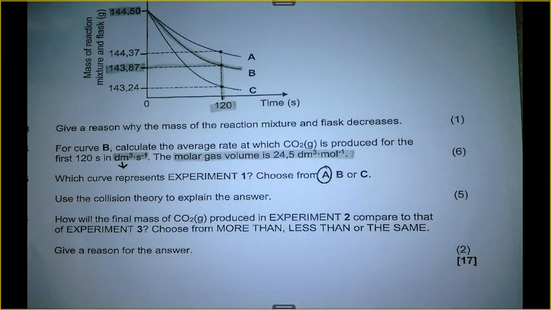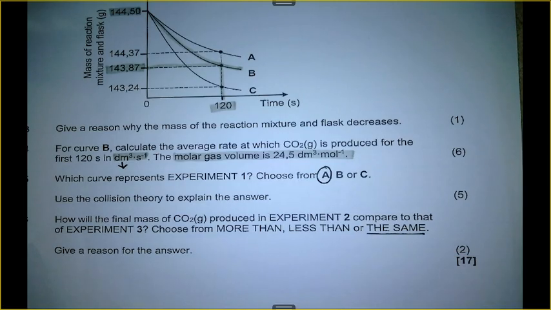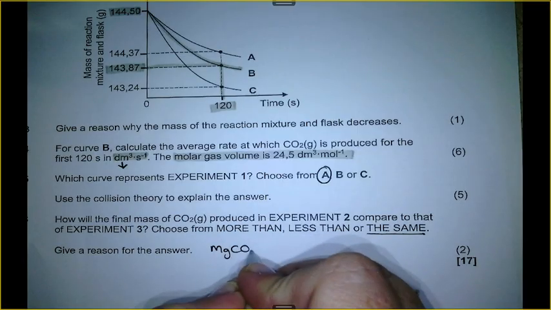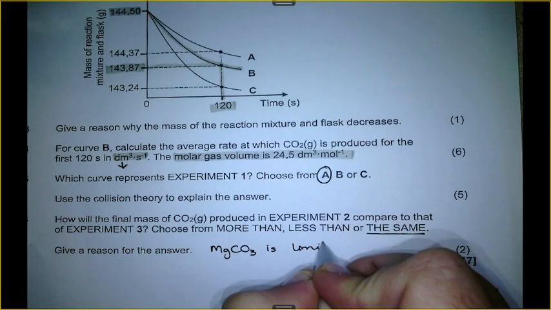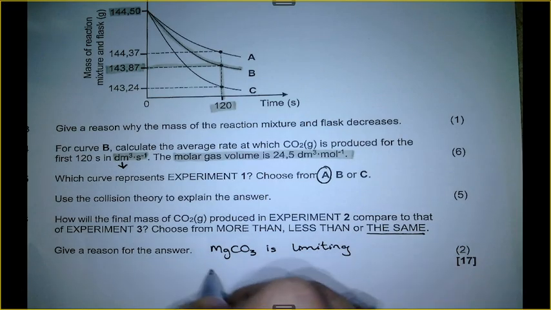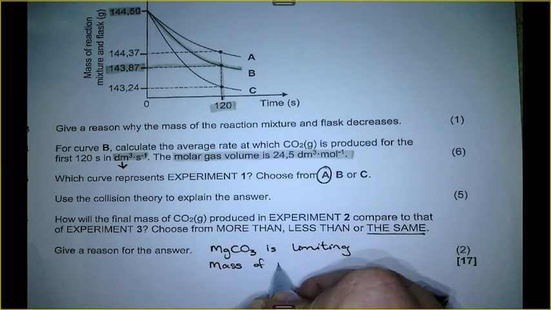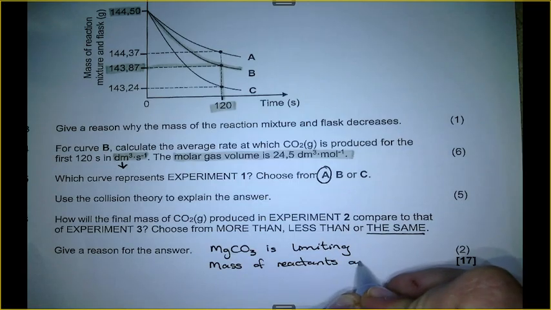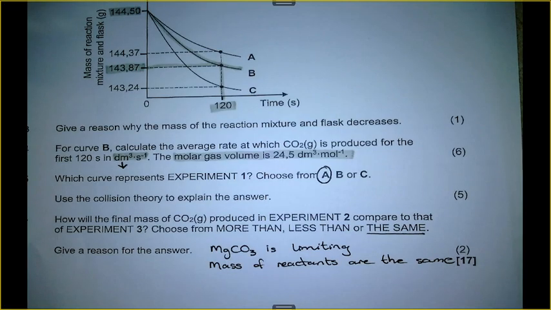So in my opinion, the final mass of carbon dioxide produced will be the same in all the experiments because MgCO3 is the limiting reagent and the mass of the reactants is the same for all three experiments.